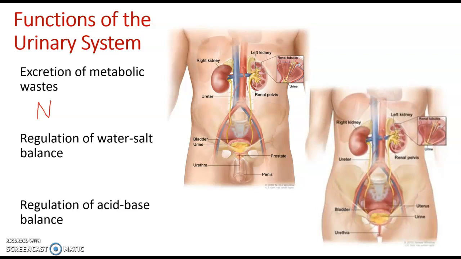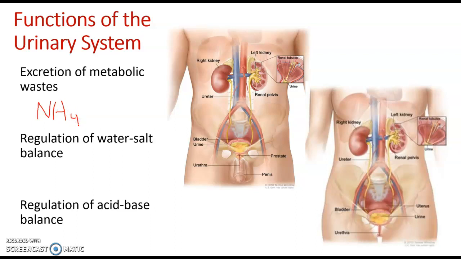And nitrogenous wastes are produced when the body breaks down proteins. So we remember that amino acids that make up proteins are largely made of nitrogen. And as amino acids are broken down, they form a compound called ammonia, NH4. And ammonia is very toxic to our cells.